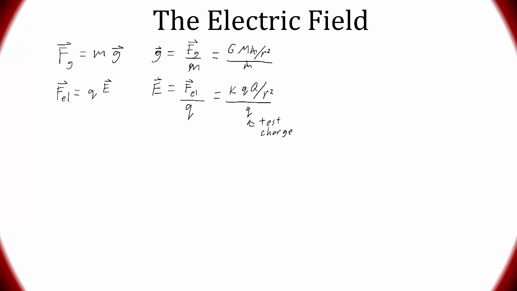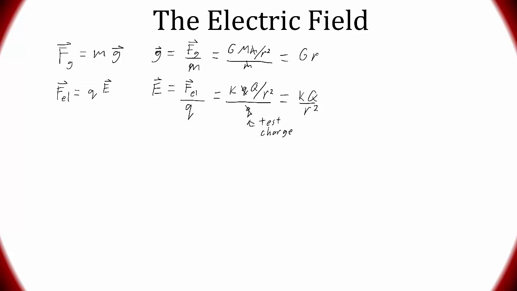So same idea here, we're just using a small charge to test the field due to the large charge. So this gives us KQ over r squared, and it would make sense that the field due to this charge Q doesn't depend on the other charge that you are using to measure it, just like gravitationally.